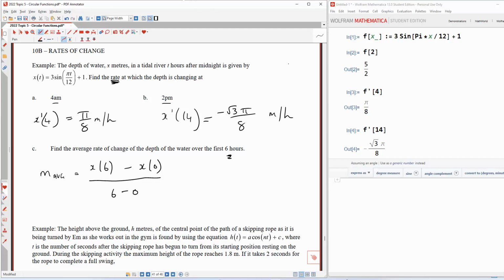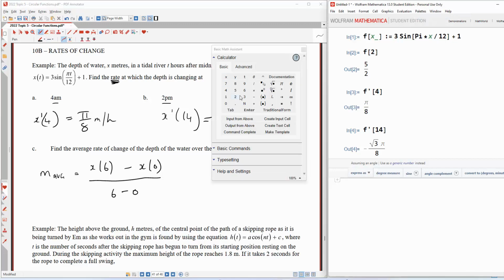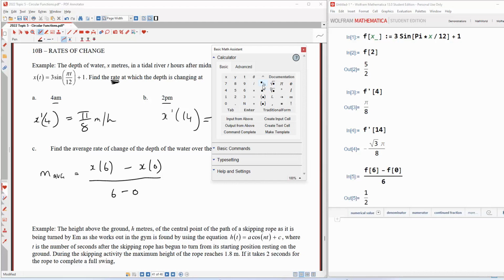For this one, I'll just bring up palettes. This one, we're going to do f of 6 take away f of 0 all over 6, and it's a half.